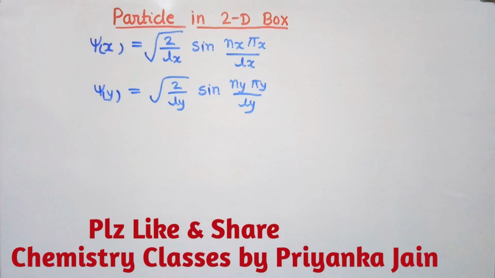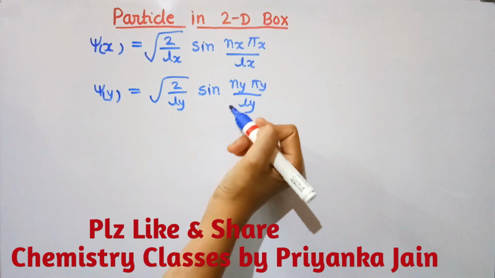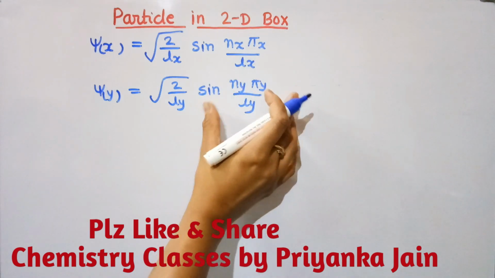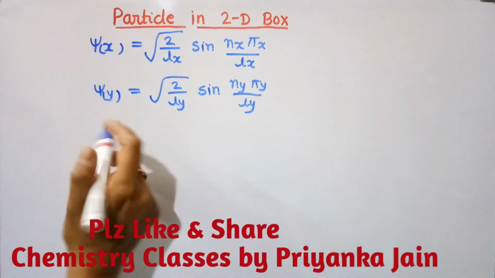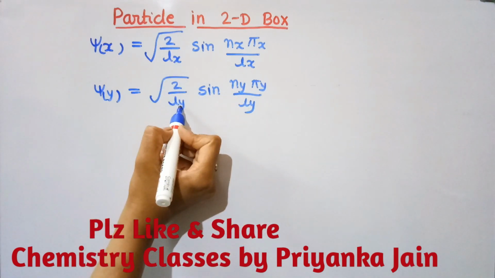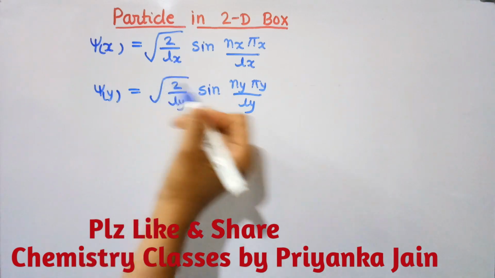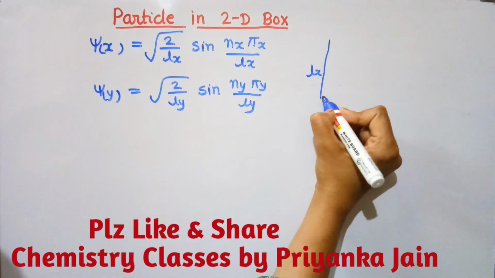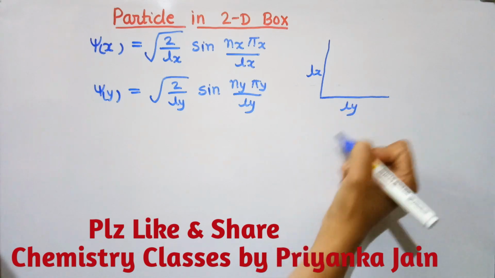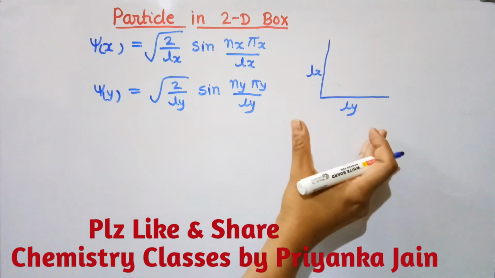In this way, here these nx and ny are the quantum numbers, okay, for the x direction and y direction, and these Lx and Ly are the length in the two dimensions. Suppose this is Lx and this will be Ly in this way, right? These are the two directions.